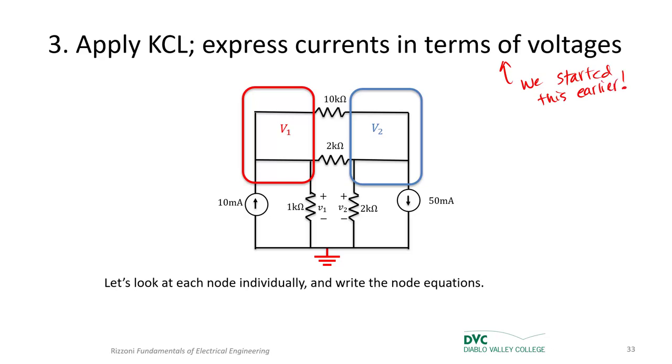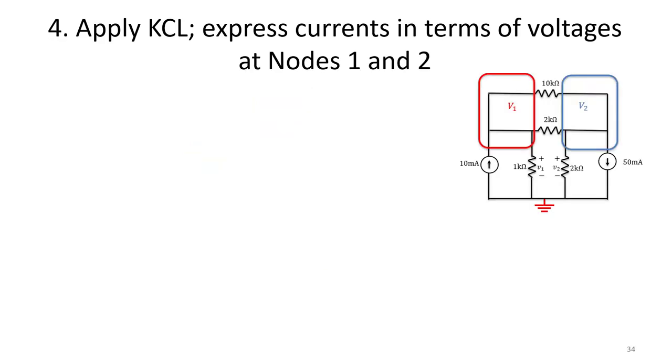So let's go ahead and look at each node individually. So we'll look at node 1 and node 2 here, and write node equations for each of those nodes. So node 1 might be familiar because we did this already.